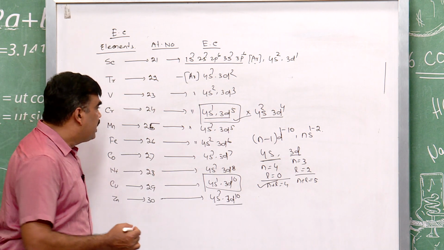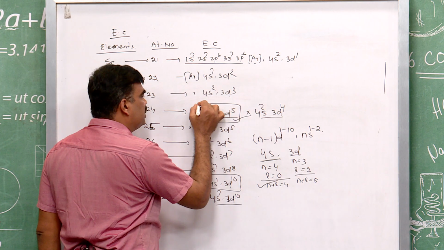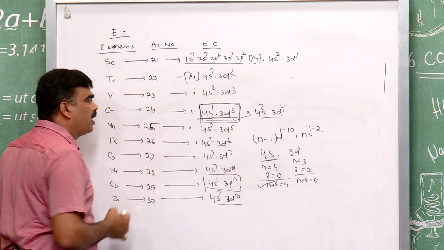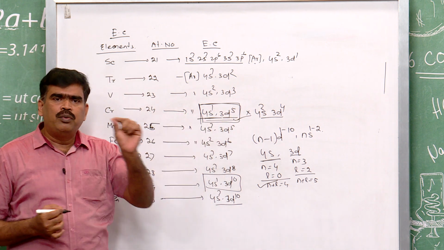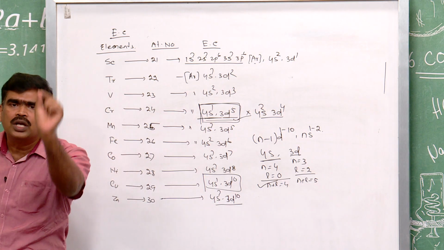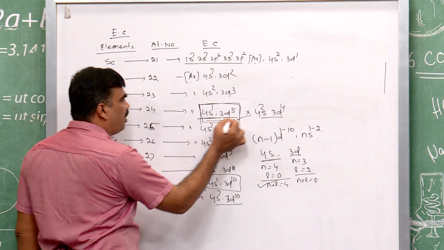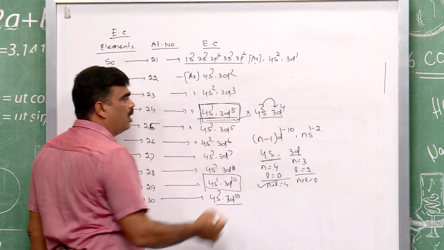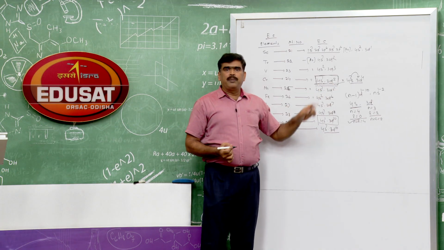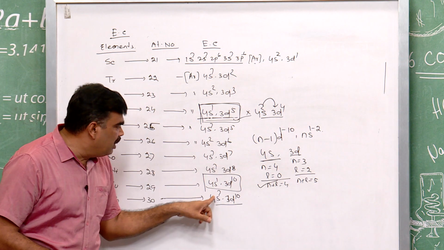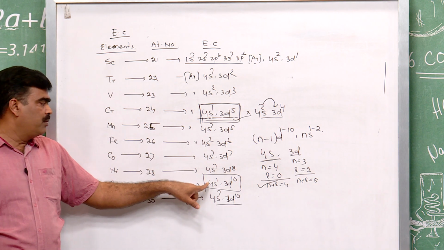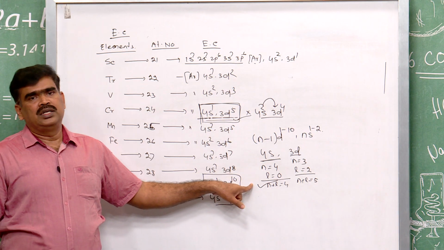But in the case of chromium and copper, this is a special configuration, an exceptional case, because the energy difference between 4s and 3d is very small. So the electron moves from 4s to 3d and makes it half filled. Both are half filled, and because of that they gain stability. Similarly, in the case of copper, the electron moves from 4s to 3d and makes it fully filled.